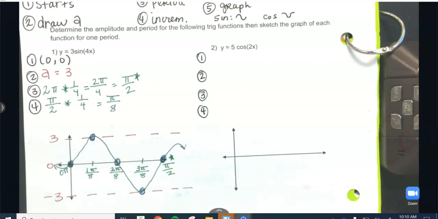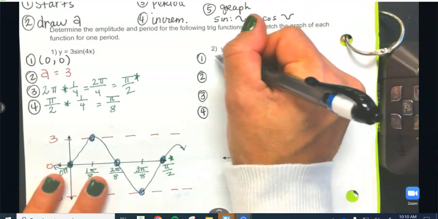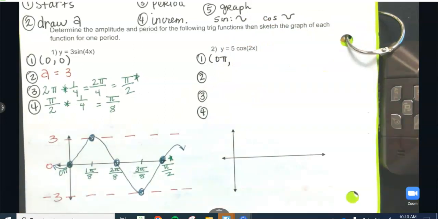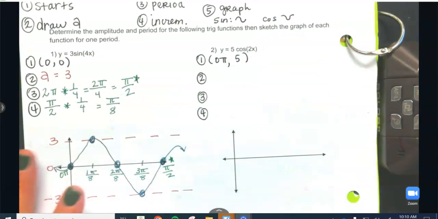All right, where does cosine start? Normally, it starts at 0, 1. But with cosine, when you have transformations, the first number is always 0, but the second number is the A value. So this isn't going to start at 0, 1. It's going to start at 0, 5, because 5 is the A value.